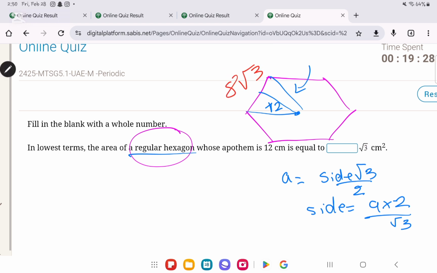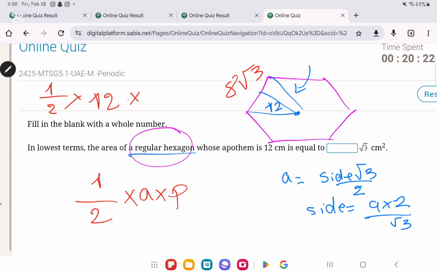Now, the area of any regular hexagon is 1 over 2 times the apothem times the perimeter. So 1 over 2 times apothem, which is 12, times the perimeter, we know because it's a regular hexagon, all these sides are equal, so they're all 8 radical 3. So it's going to be times 6 times 8 radical 3.